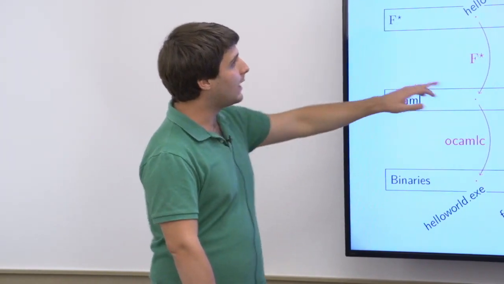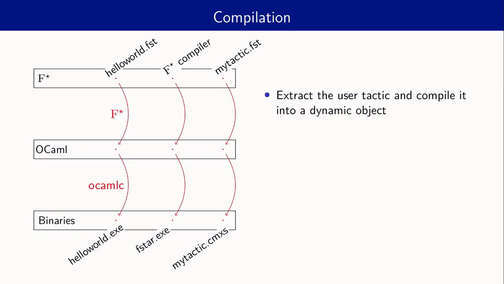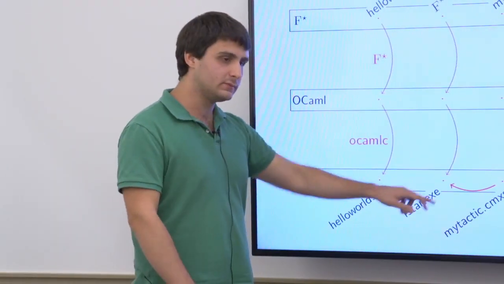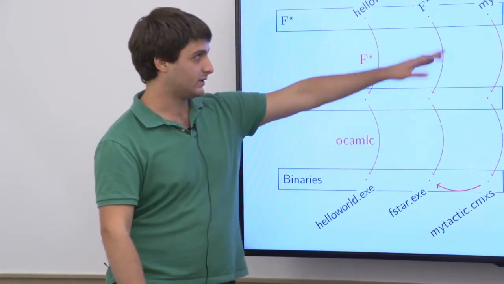Now if you have a file with a tactic, this new support allows you to extract the tactic with F-star as well, and compile it into a dynamic object. Then you use a flag to load it into F-star and basically gain a new primitive step, such as addition, which is a primitive step that implements the addition of integers. Now you get a new primitive step for the tactic you just defined.